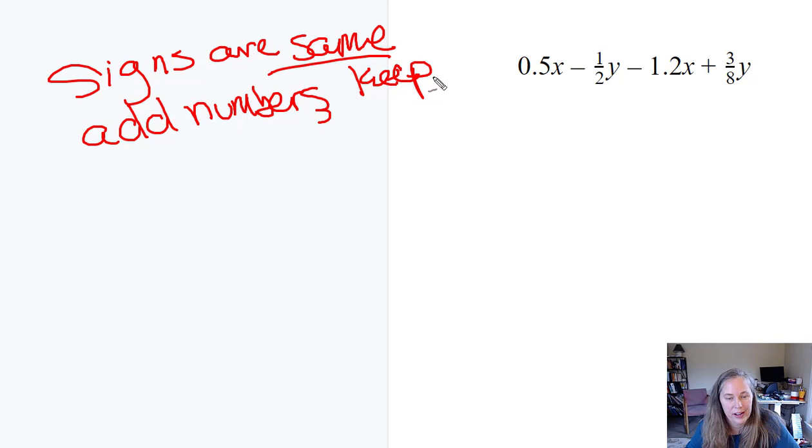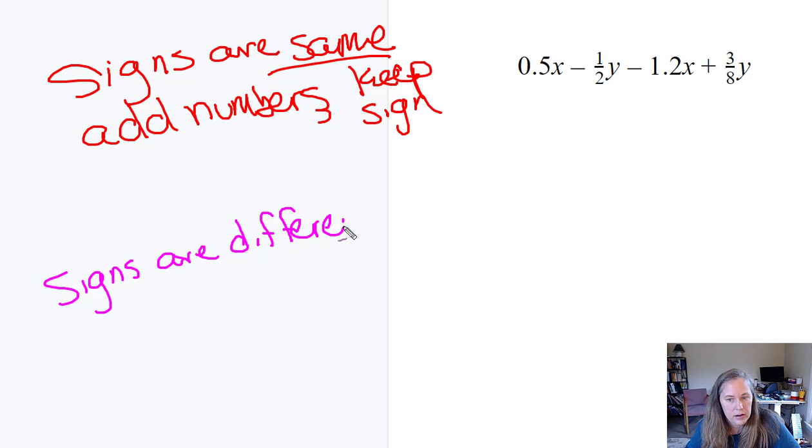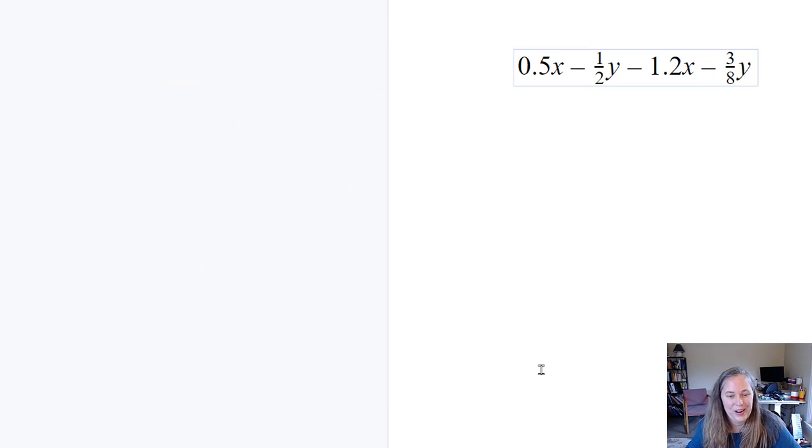That's supposed to be an S and a comma. When signs are different, are they all different here? Yeah, I think I gotta change this. Hold on. Okay, sorry, I had to change it. When signs are different, you're gonna subtract and keep the sign of the bigger number.